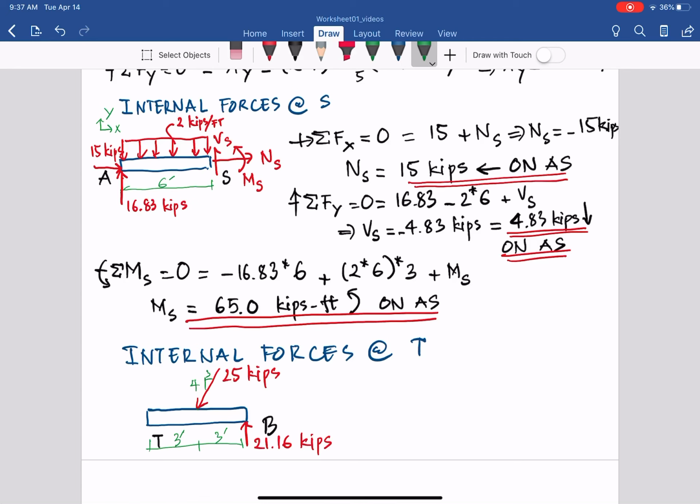And then at T we also have NT normal force, VT shear force, and internal bending moment MT.